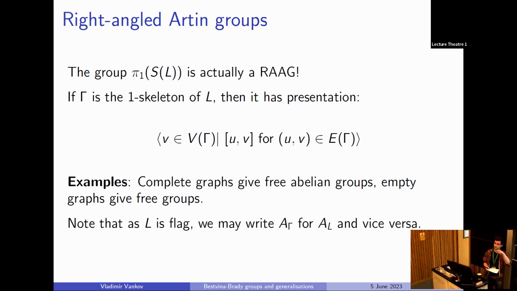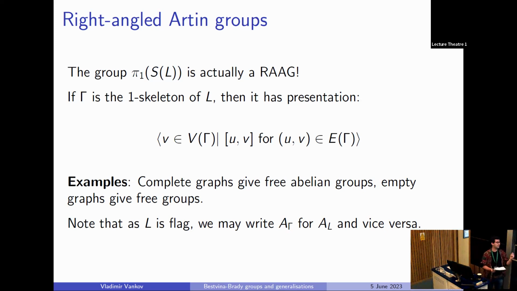So wherever you see the one skeleton of a simplex, just insert that simplex. The generators of this group are simply the vertices of your graph, and the relations are commutators for every edge between two generators.